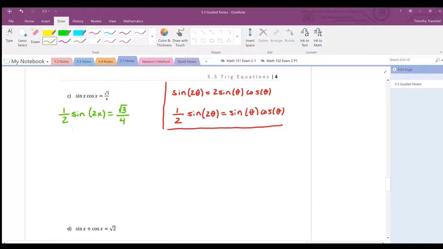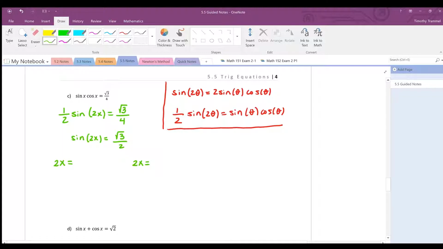Let's multiply by 2 on each side. We have sine of 2x is equal to the square root of 3 over 2, because 2 times 1/4 is 1/2. And then next we're going to think about on our unit circle where, or for what angles, is sine of x equal to the square root of 3 over 2.